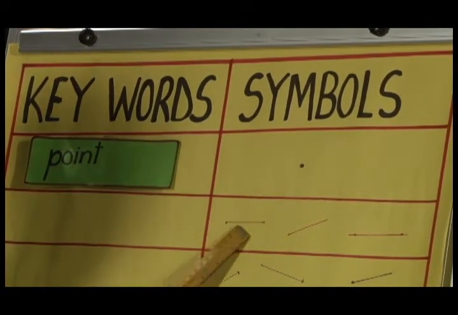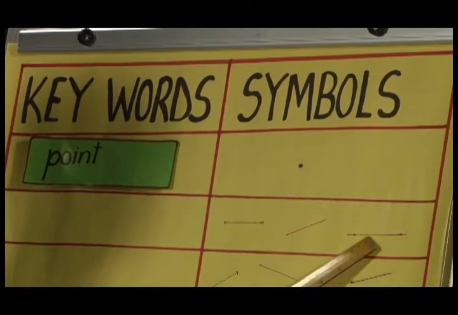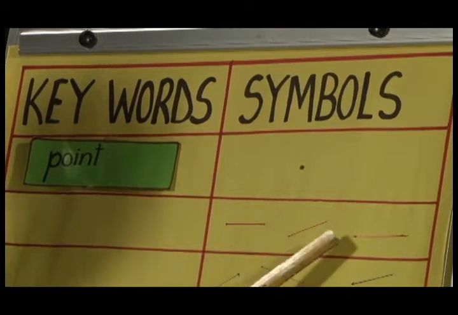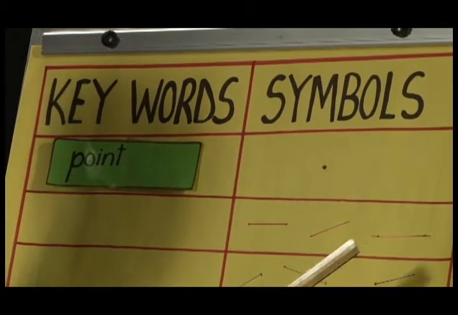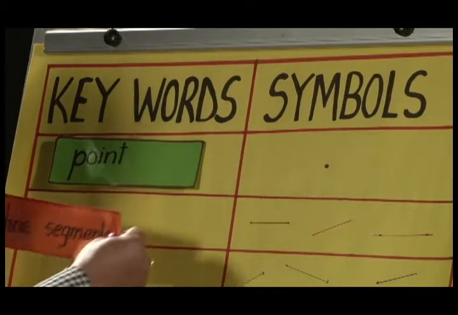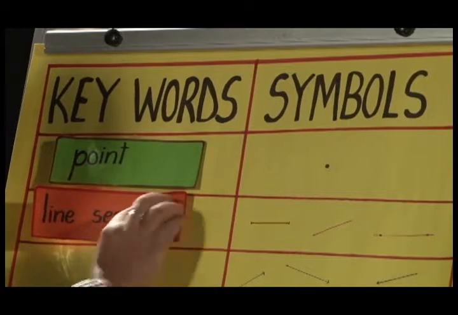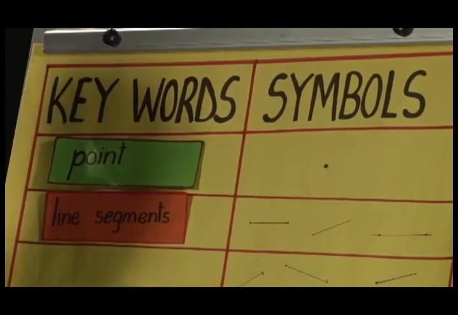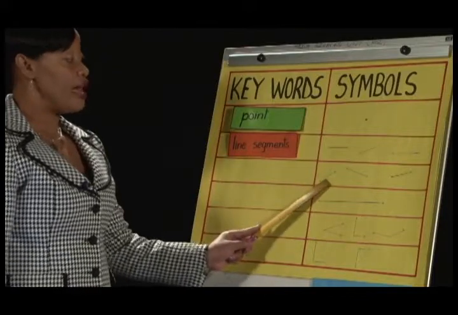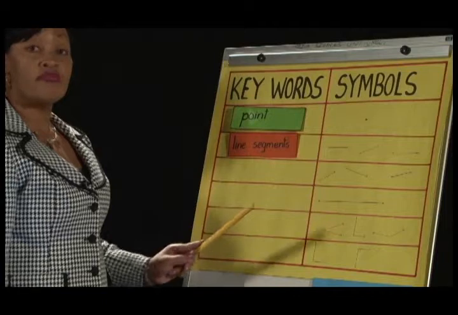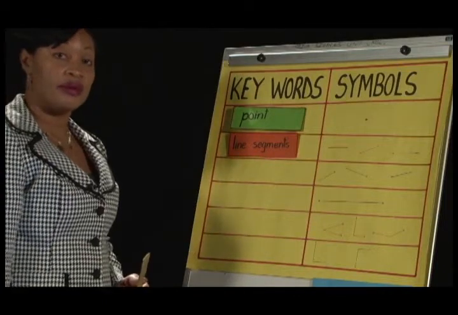Let's look at these over here. Can you identify them? If you said line segment, you are correct. So over here we put line segments. Okay, pause. Look closely at these symbols over here. Can you remind me of what their names are?